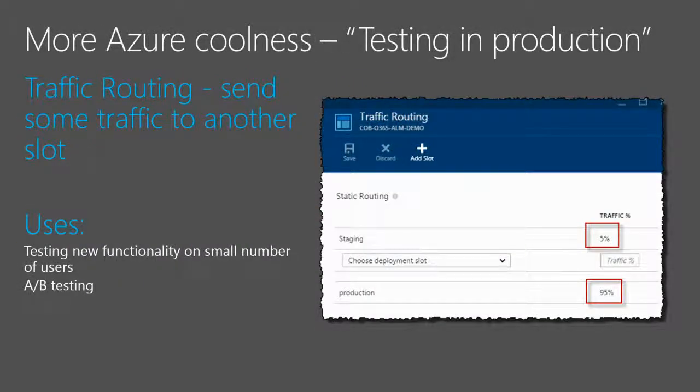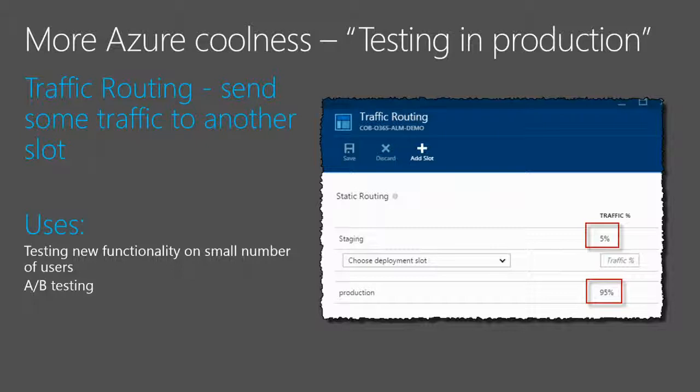Now, some other things to throw in here that you can do with slots that I find really interesting is basically you can use them in different ways as well as just sort of dev and test. So what you can do is actually use a traffic routing feature of Azure to send some of your traffic in production to the staging version of your website.